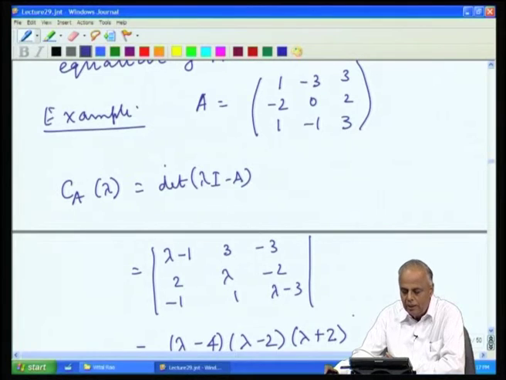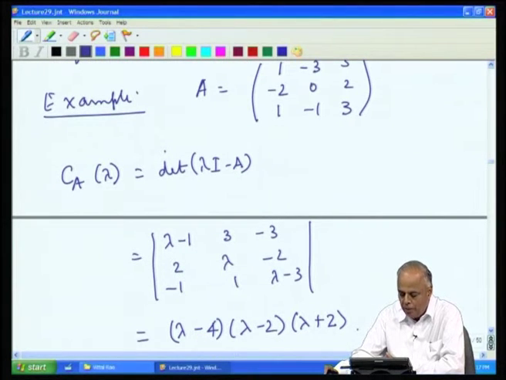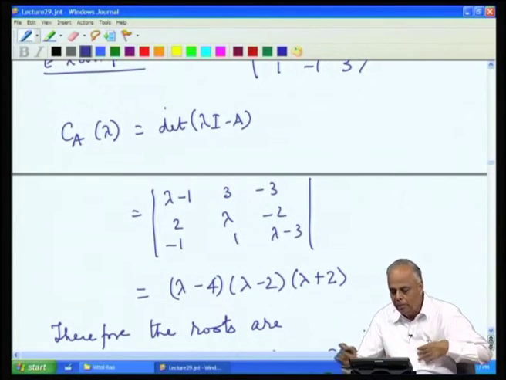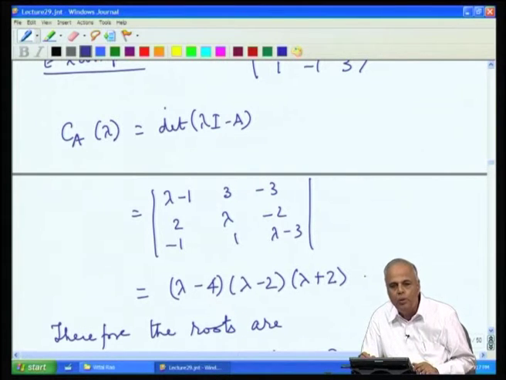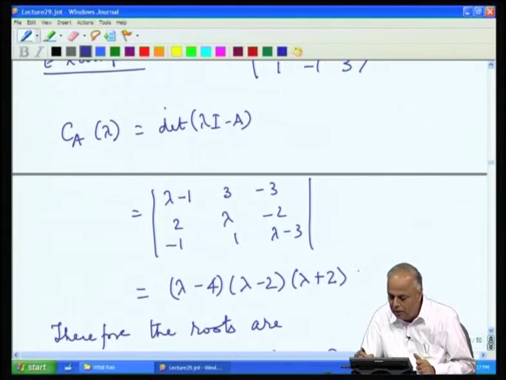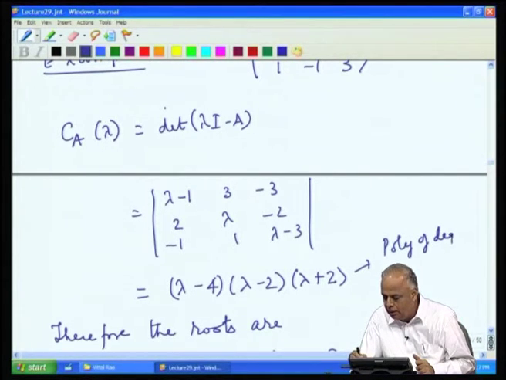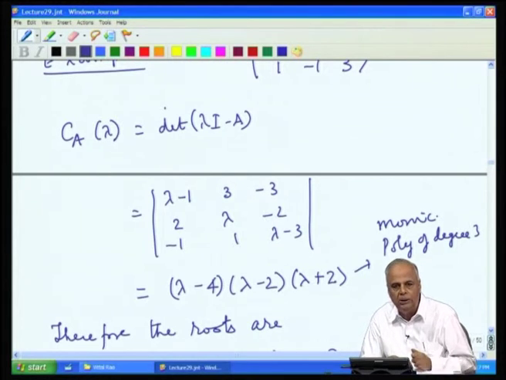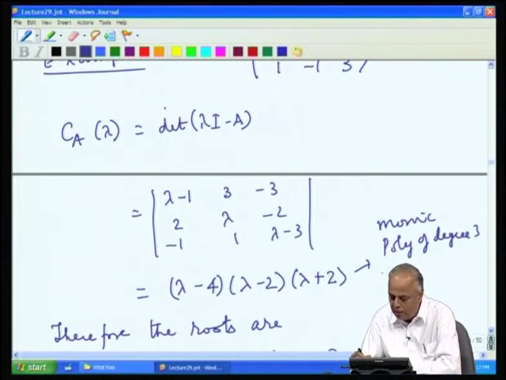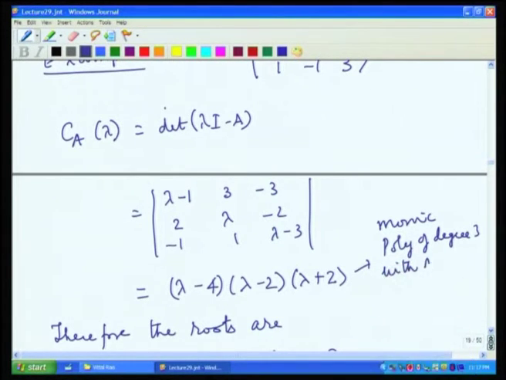When we write the characteristic polynomial and expand it, lambda cubed is the first term. So, it is a polynomial of degree 3, and since the highest term is lambda cubed, it is a monic polynomial of degree 3, and everything involved is a real number, so it has real coefficients.